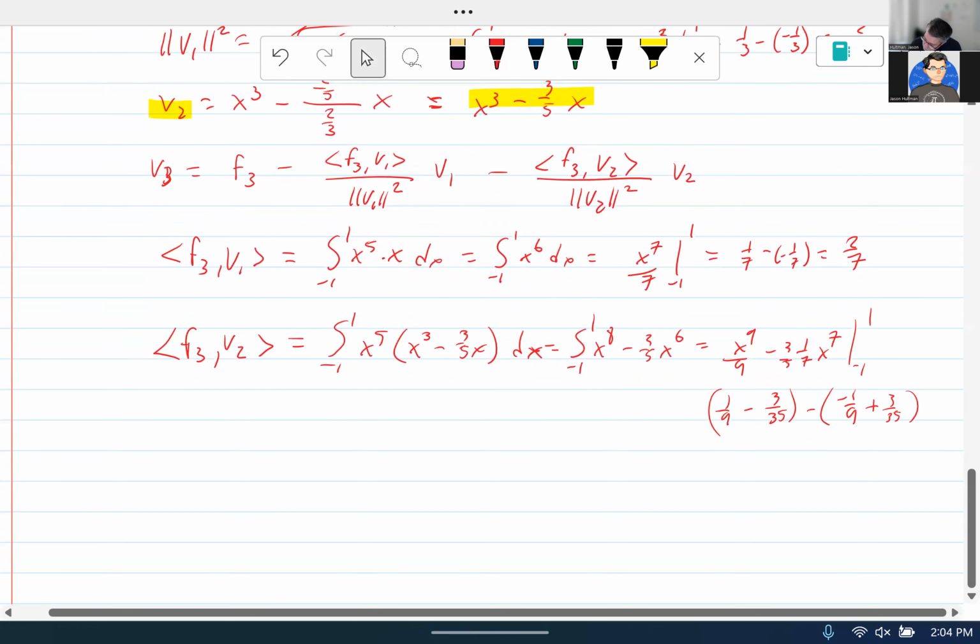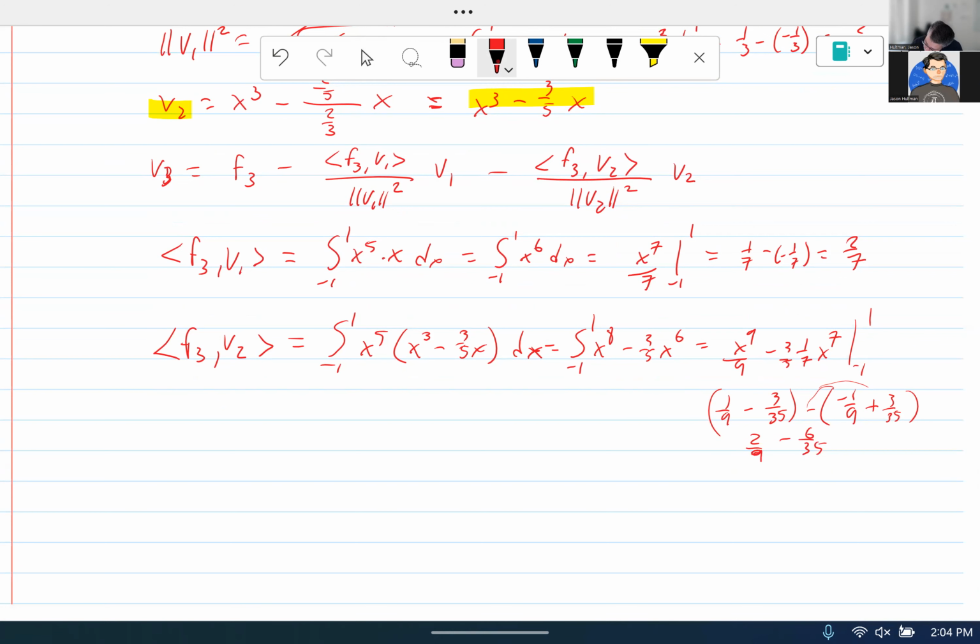If I distribute the negative, that gives me 2/9 minus 6 over 35. And if I subtract those with a common denominator, I get 16 over 315. Some fun numbers to work with.